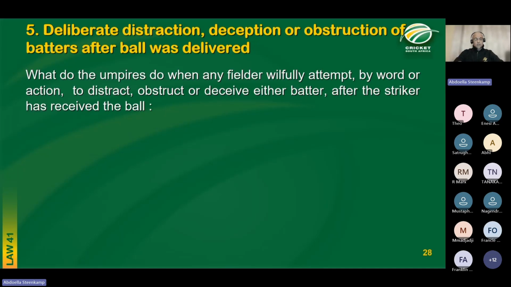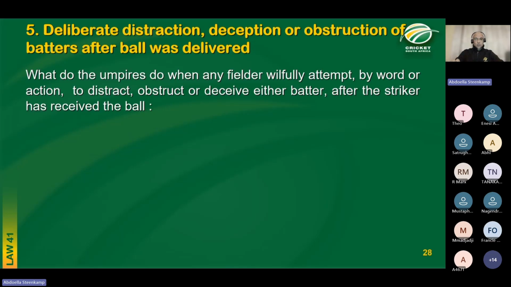It's for you, the umpires, to decide. And good umpiring technique is, when this happens, please get together, discuss this together, and together decide whether any of the fielders deliberately or willfully attempted it.